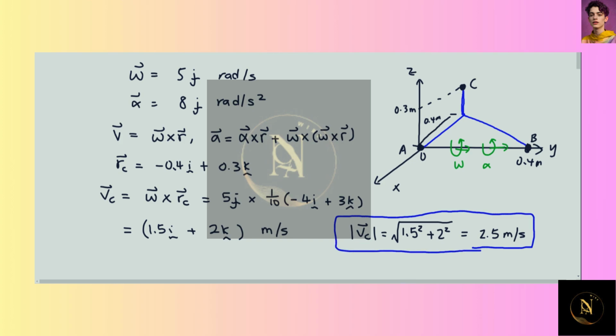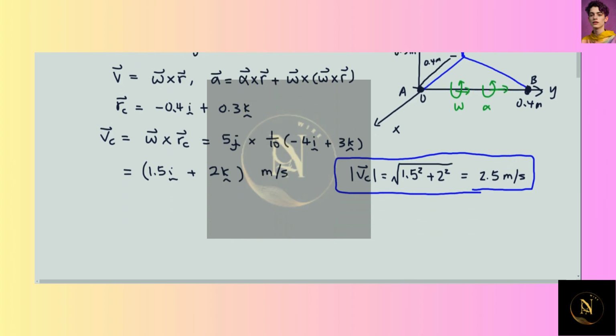Then to find acceleration, we'll be using the equation alpha cross rC plus omega cross v. So putting in the quantities, this is 8j cross minus 0.4i plus 0.3k.